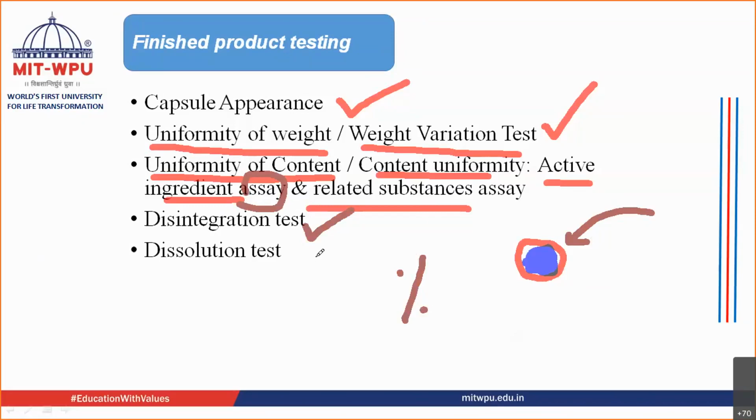The only thing is, even in case of tablets, you take the disc. You have the disintegration disc. You know there is a disc with you. This disc is used to submerge this capsule inside this tube. So this disc is used for the disintegration test, and then you carry out the dissolution test.